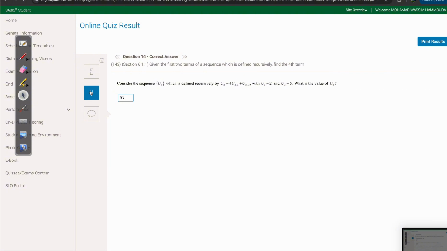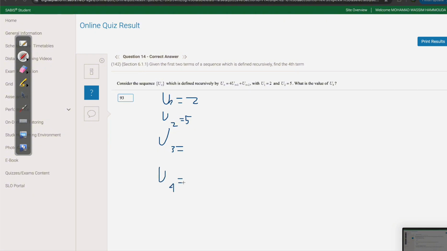Consider the sequence un, which is defined recursively by 4 times u(n minus 1) plus u(n minus 2), with u1 equal to 2 and u2 equal to 5. Now let's say u1 is equal to 2, u2 is equal to 5, u3 is equal to, we're gonna find that, u4 is equal to.